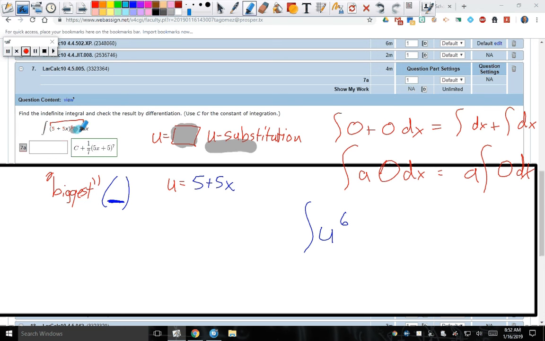So you have U assigned, you have it rewritten, but you don't have this times 5 accounted for. Well, in U substitution, the second step is to take that small derivative, the differential, and see what that spits out. The derivative of U is du. What's the derivative of the one to the right?